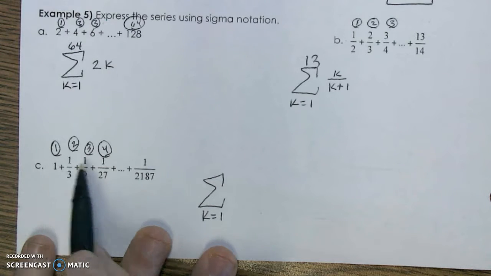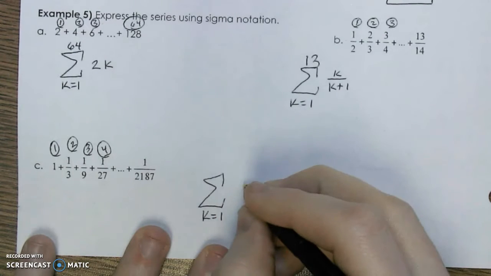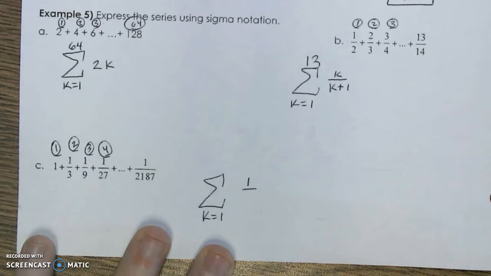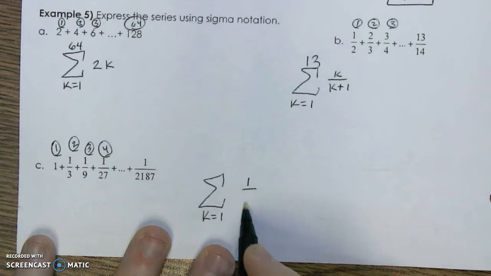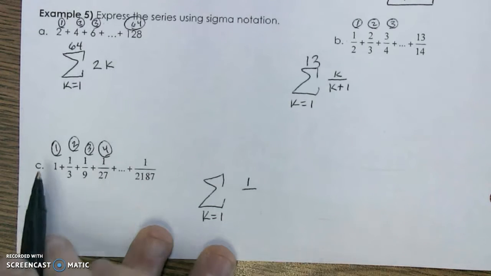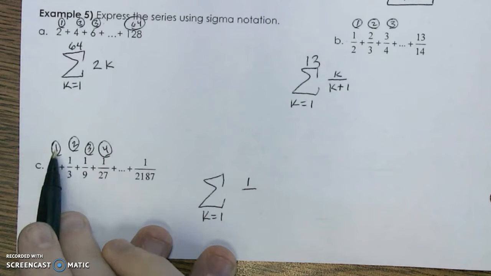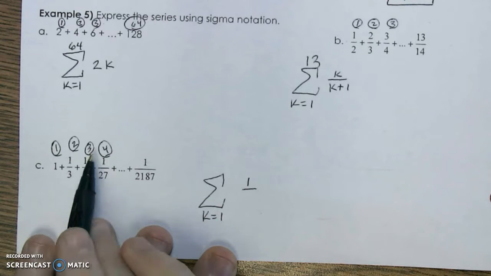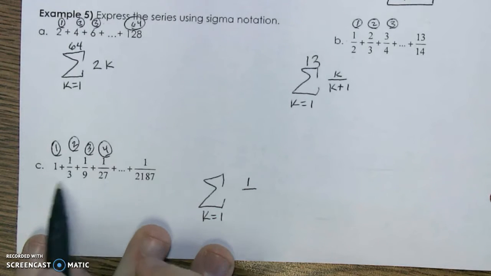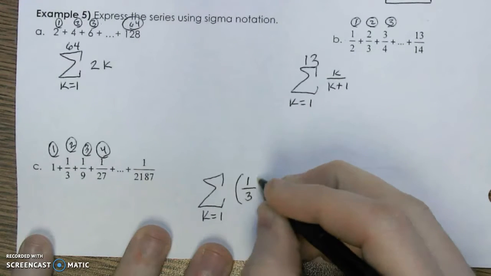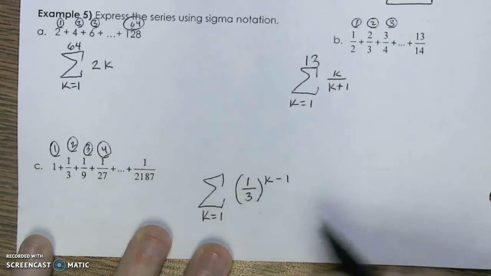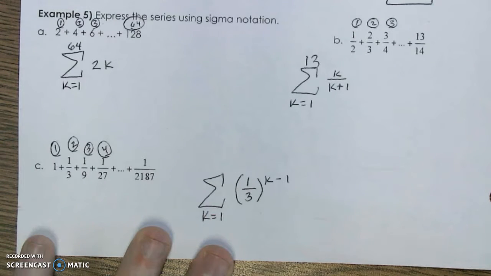They all have a 1 on top, so we can start with that, 1 over something. And so we think about, well, is it 3 to the k? 3 to the first is 3, 3 squared is 9, 3 cubed is 27, but it's 1 less than that. So what we're seeing is it's 1/3 to the k minus 1.